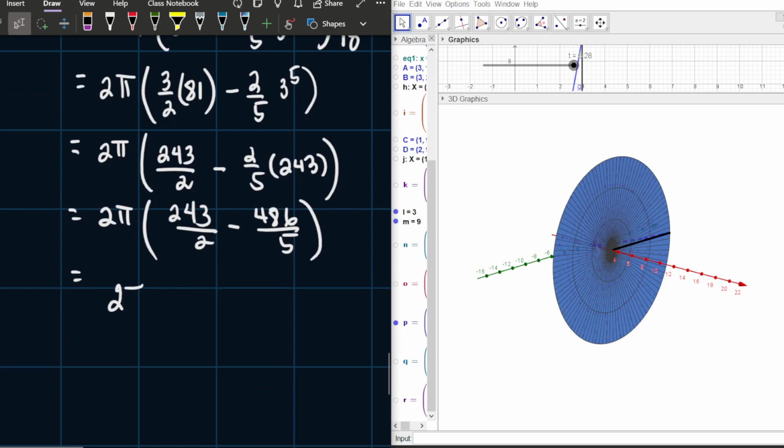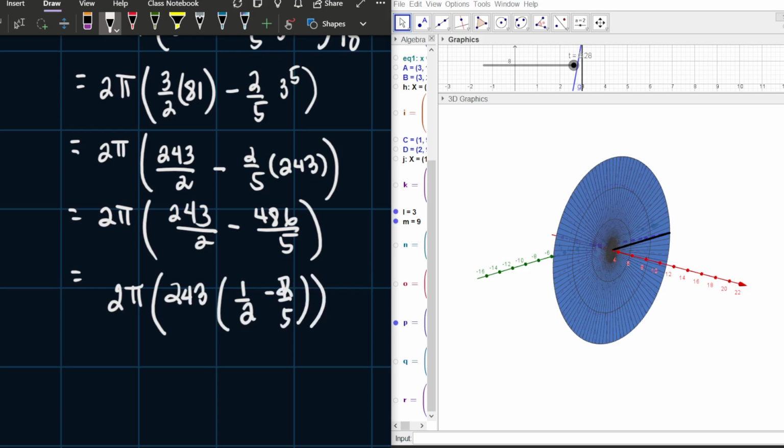So again, dapat careful tayo sa ating arithmetic dito since we're going to be solving a lot of definite integrals, no? Now, technically, ito ay 243 times 2, no? So, we can factor out 243. Then, mas madali na 1 half minus 2 fifths. So, 486 pi. 1 half minus 2 fifths, that gives us 1 over 10.